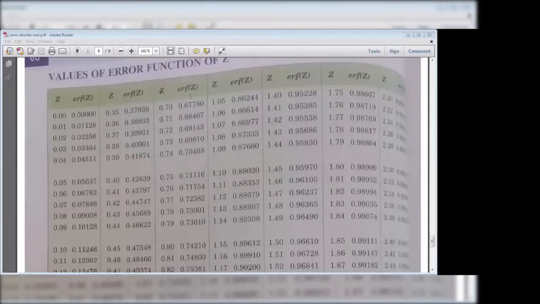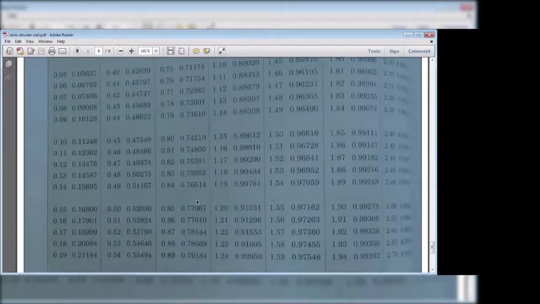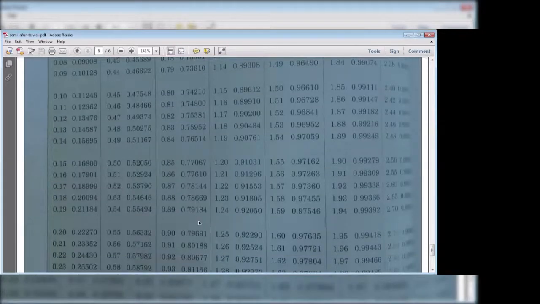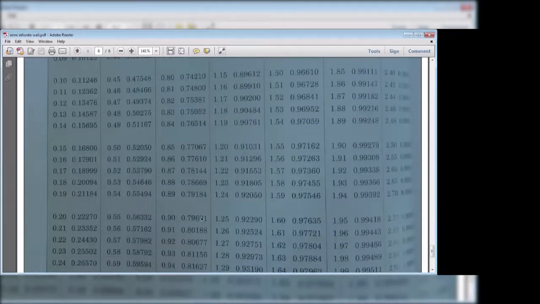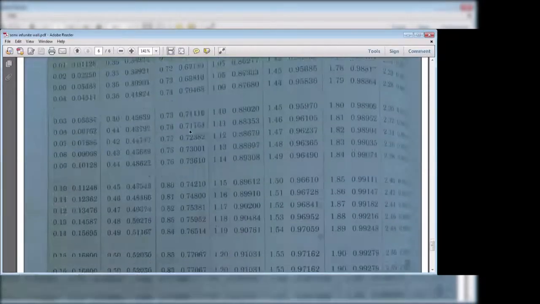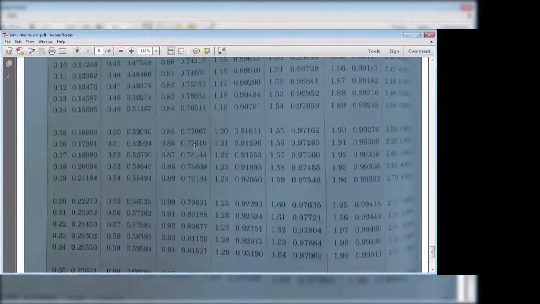Yes. Error function of Z. Error function of Z is 0.79. Look at here. So here, error function of Z is equal to 79. Okay, here we are getting 79691. So we will get the Z value. The first column is the Z value and the next is erf of Z. So erf Z is equal to 0.79.